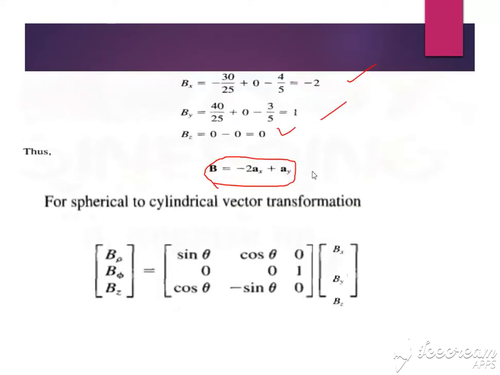Here we are using the spherical to cylindrical concept. This is the formula for cylindrical, Br, B theta and B phi. Now simply replace Br, B theta, B phi by the given values.